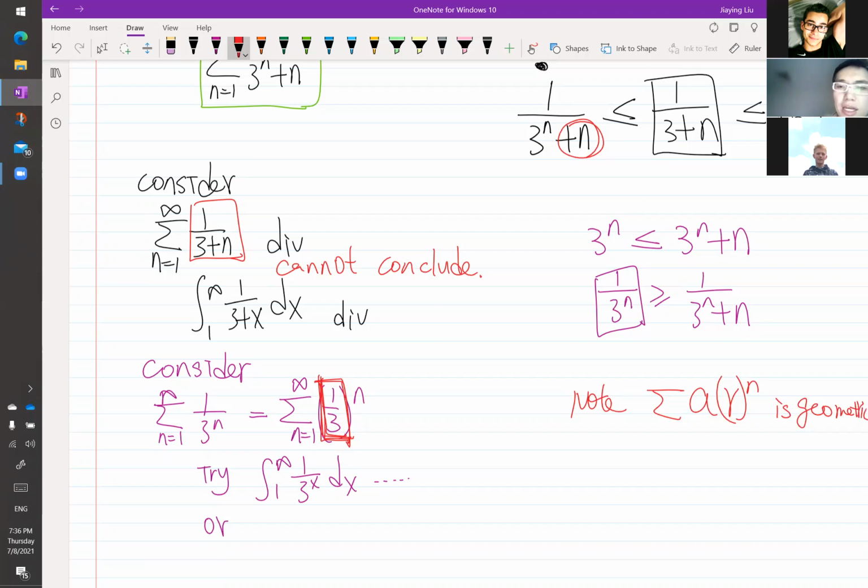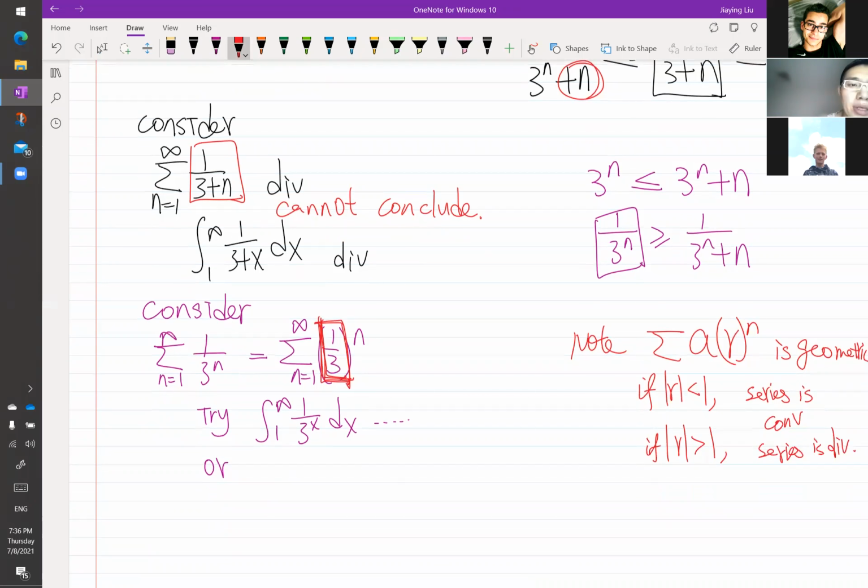If the absolute value of r is less than 1, then the series is convergent. If the absolute value of r is greater than 1, the series is divergent.